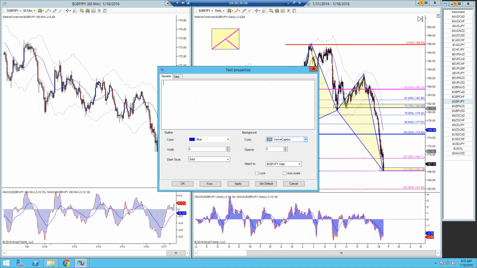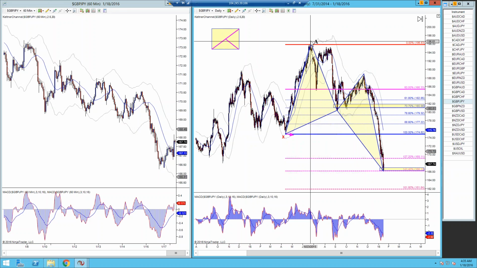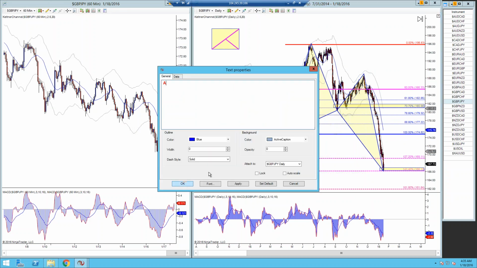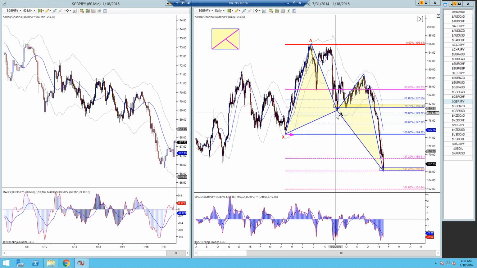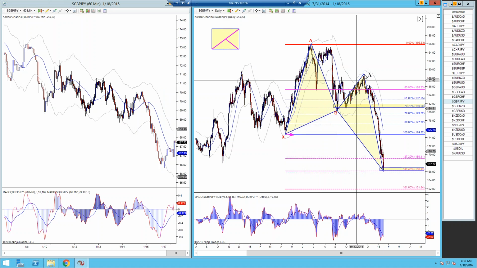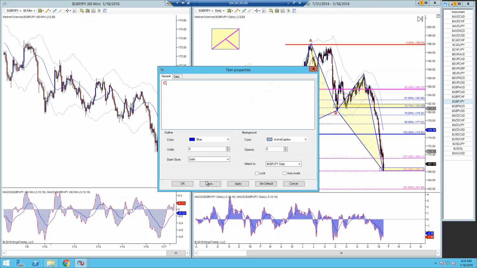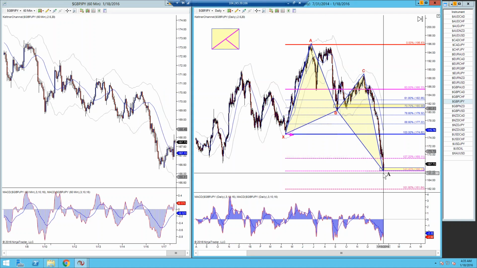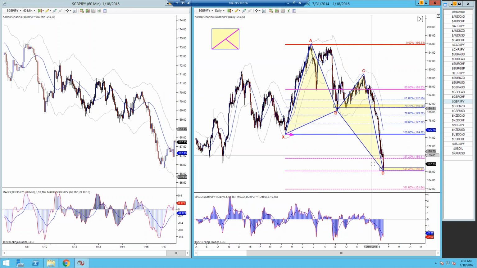This would be an X, A, B, C, D. X, A, B, C, D pattern. All right? So you see how this works. X, A, B, C, D pattern.